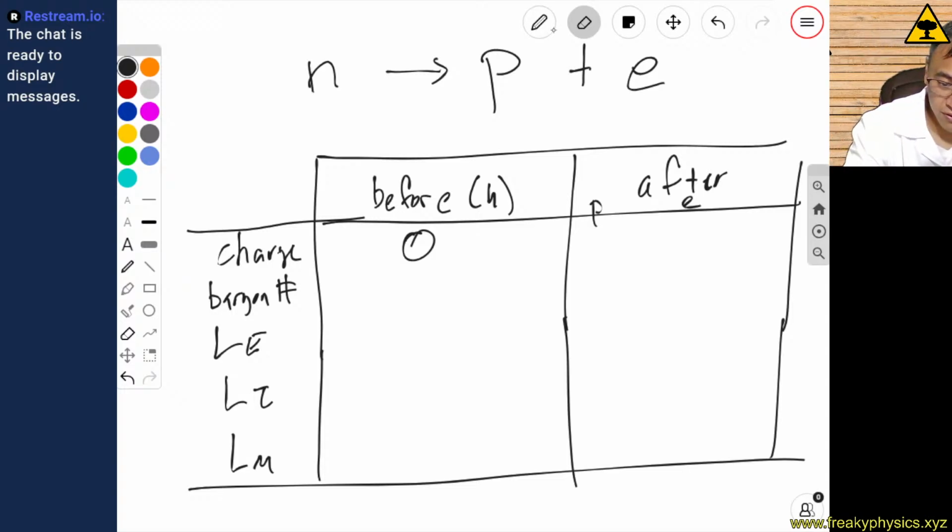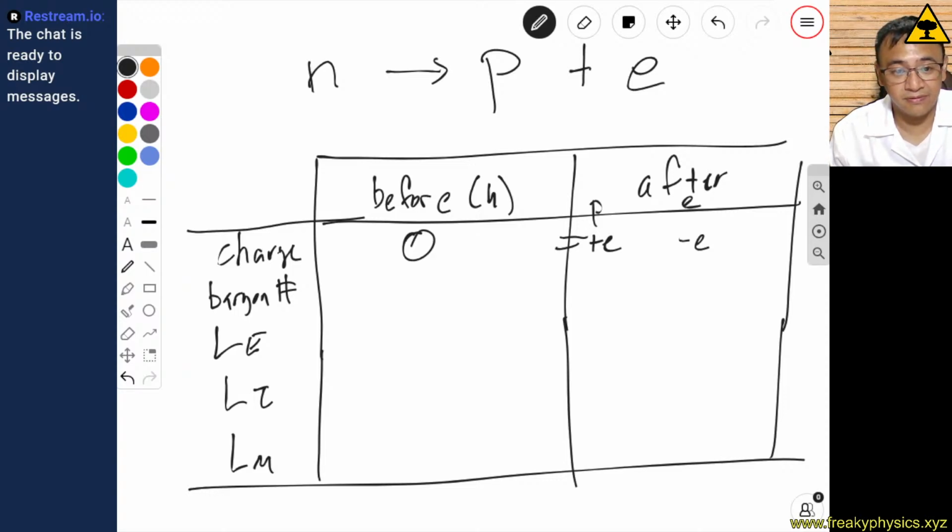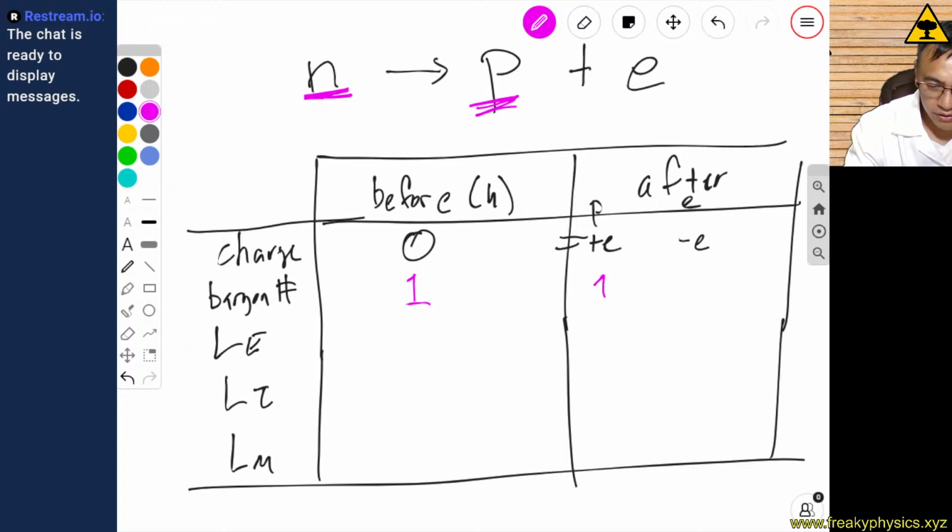If we look at this, the proton has a charge of plus e and the electron has a charge of minus e, which cancel out to 0. So the charge is conserved. Let's continue with baryon number. The neutron's baryon number is 1. The proton's baryon number is also 1.